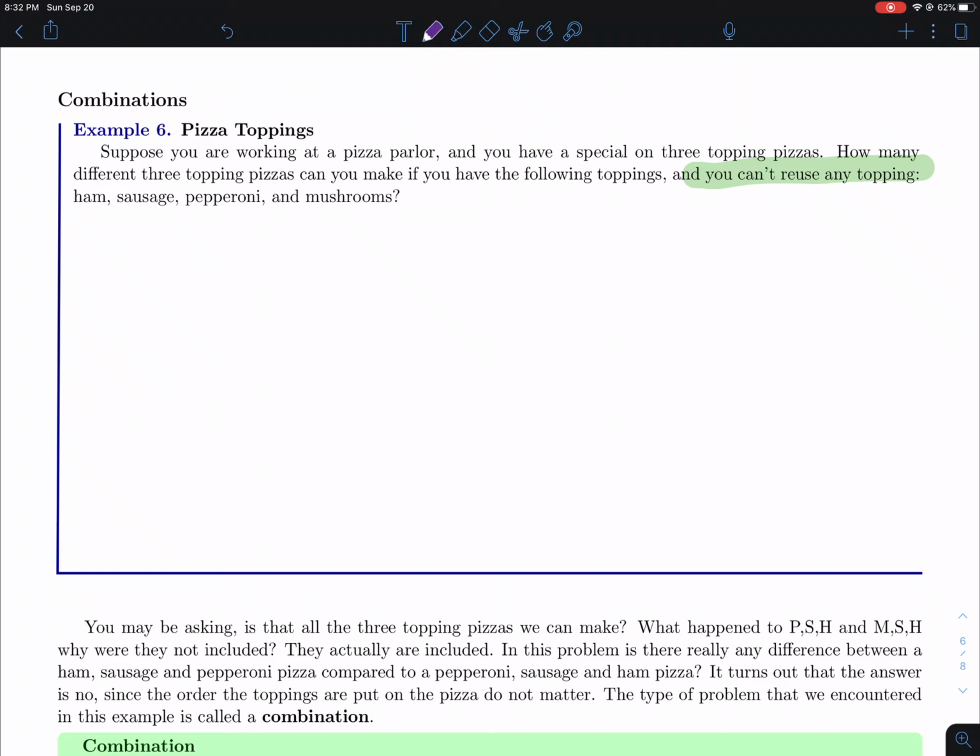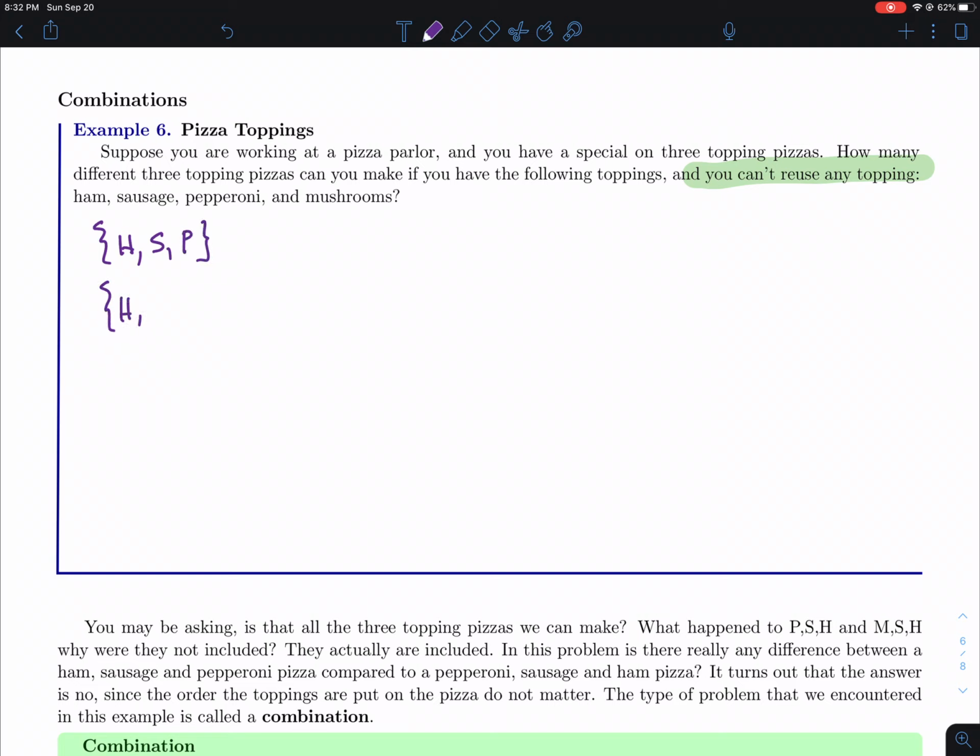pizzas. So in this case, what I'm going to do is just sort of brute force try to list them out and see what we actually get. This is kind of similar to when we were doing our sample space problems. Again, I'm going to do that same thing I did before where I hold one position fixed and then cycle through the others. So I'm going to start off with ham, sausage, pepperoni.